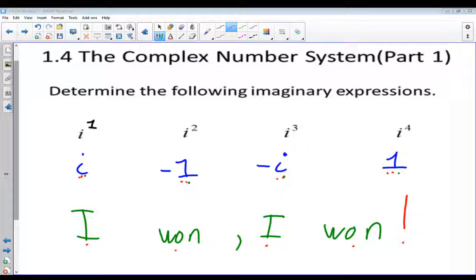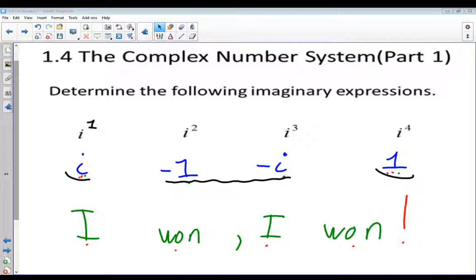The only thing you'll have to specifically remember is that the 2 middle numbers have a negative, while the outside parts are positive. So again, "i won" with the negatives in the middle. And memorizing these 4 will take care of all the other powers.